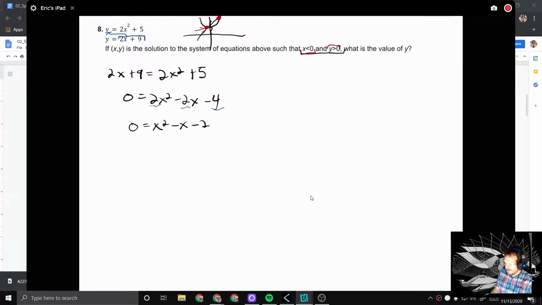Much easier to factor. But since I've done a couple of factorings, why don't I remind you of the quadratic formula?